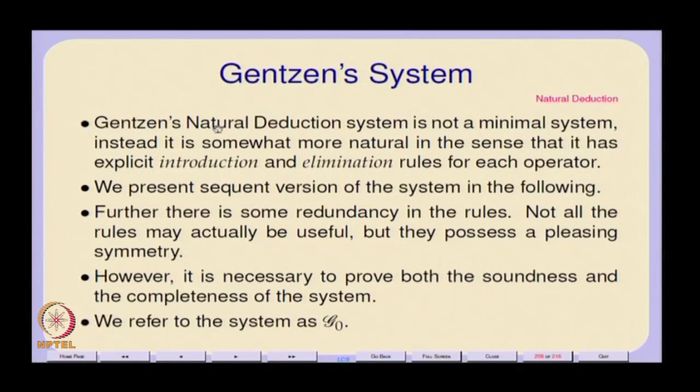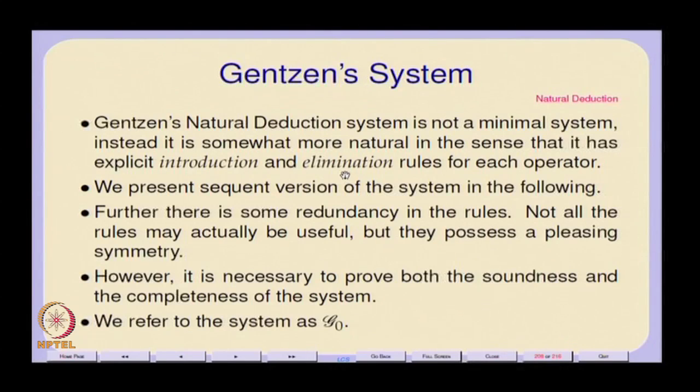So what it means is that you should be able to not just break down syntactic objects, you should also be able to form these syntactic objects from proofs, right. So, he had both introduction and elimination. So, in fact, whatever I have written about introduction and elimination is related to essentially Gentzen's system.